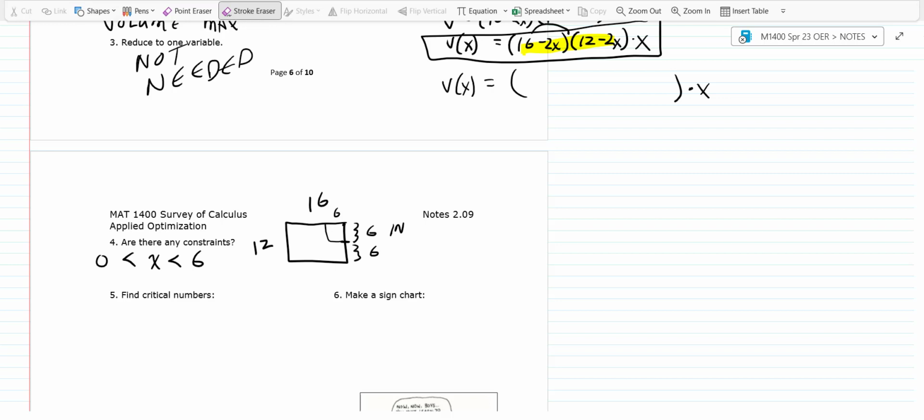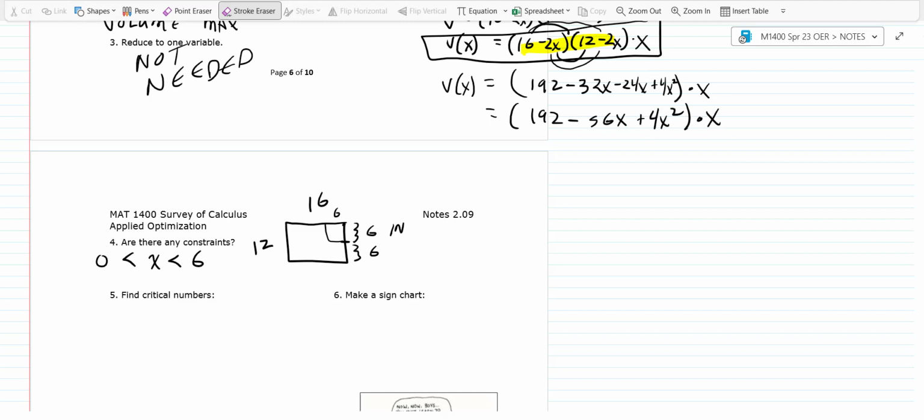So I've got 16 times 12, which is 192. Then the outside term, 16 times 2, would be minus 32x. The inside term would be minus 24x. And the last term would be positive 4x squared. Combining like terms, I have 192 minus 56x plus 4x squared, times x.